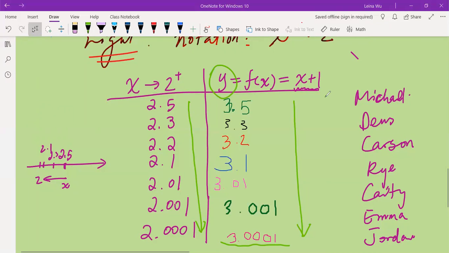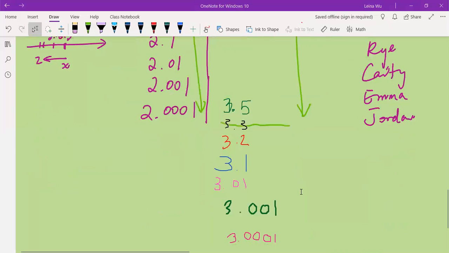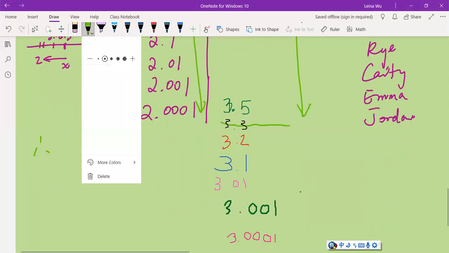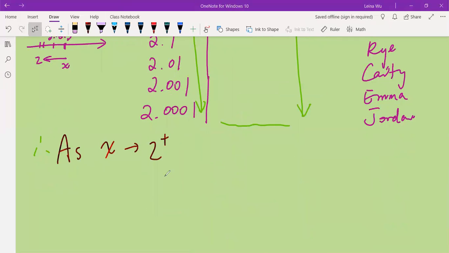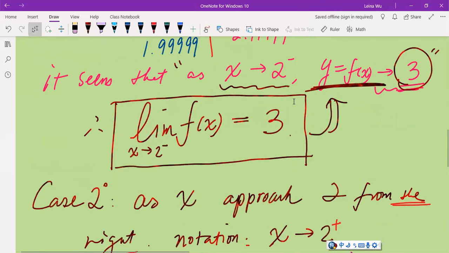Okay, so I'm going to move down here. We can say as x approaches 2 from the right, my y is approaching 3 again. This is the same value that y is approaching as we saw in the previous case. How do we use the limit notation to write this?